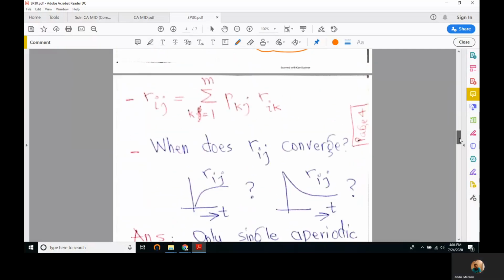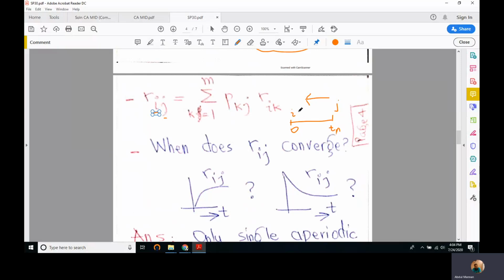Right, so r_ij(n), the n-step probability: starting from i at time 0, what is the probability that at time n, for any value of n, the process will be at state j?